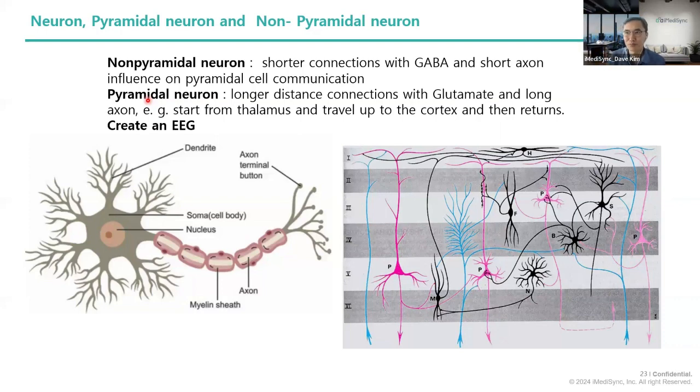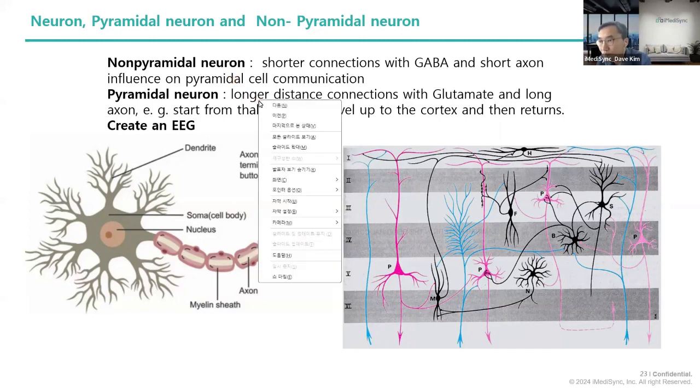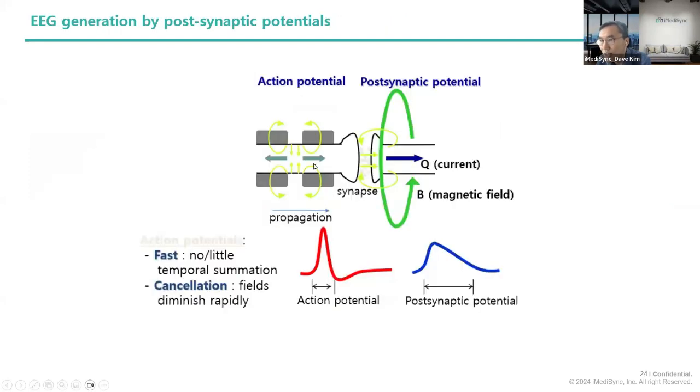Thalamo-cortico-thalamic long loop. That kind of pyramidal neuron, with very long distance connection, we can make the alpha rhythm. So the pyramidal neuron usually makes the theta, alpha, beta rhythm, and the non-pyramidal neuron usually makes inhibition in the brain system.